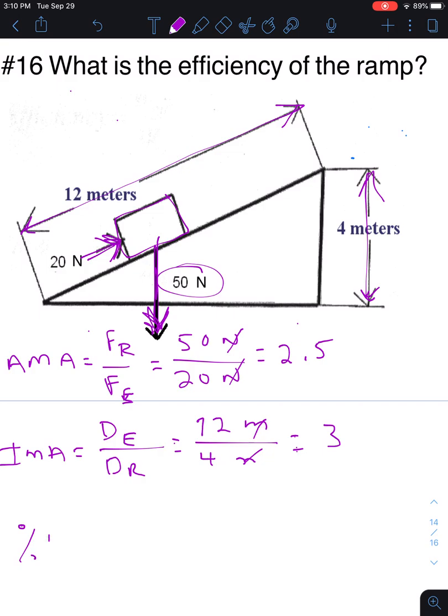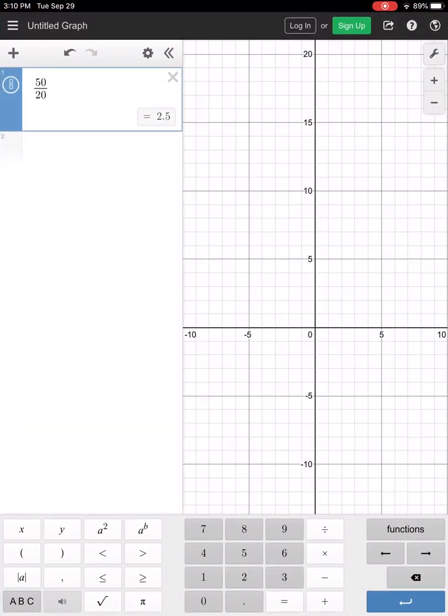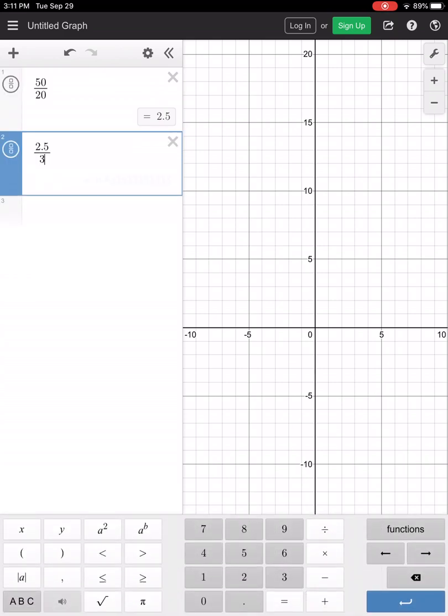Percent efficiency is equal to your AMA divided by your IMA, and that would be 2.5 divided by 3. 2.5 divided by 3 is 0.8333.